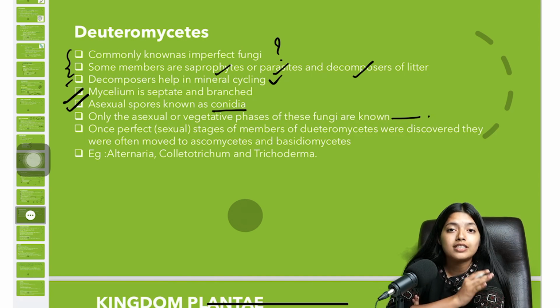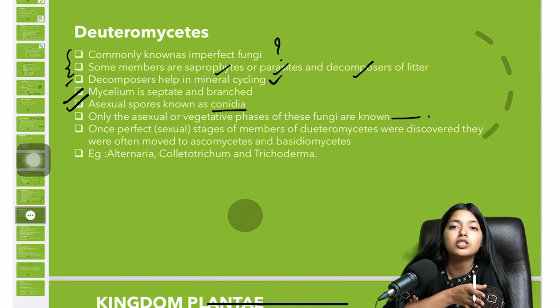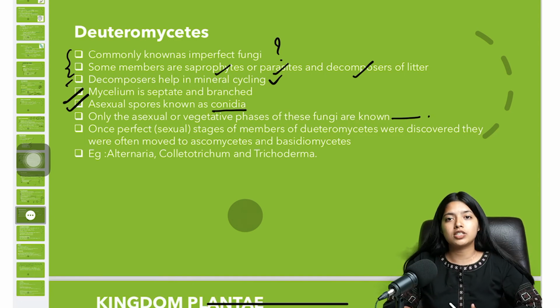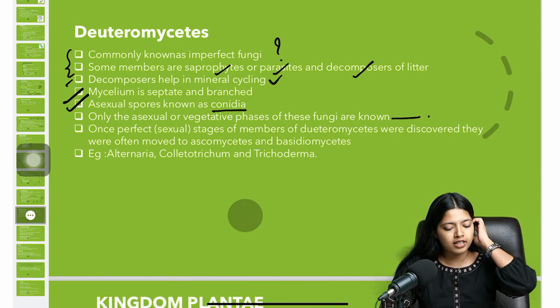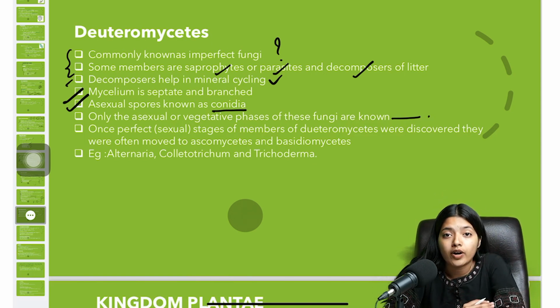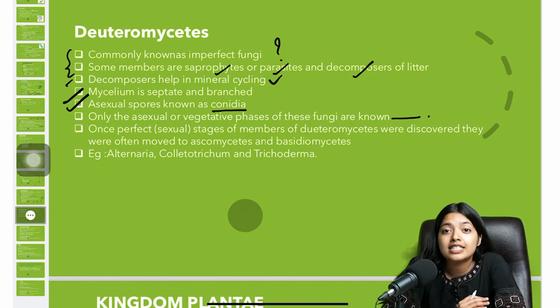Asexual reproduction is by conidia, and sexual reproduction is not seen. Once again, Deuteromycetes are known as imperfect fungi because sexual reproduction is absent.